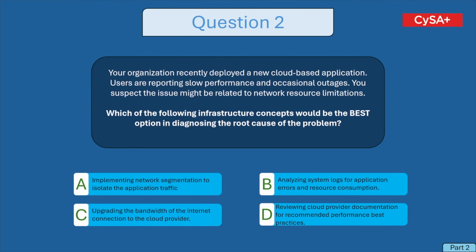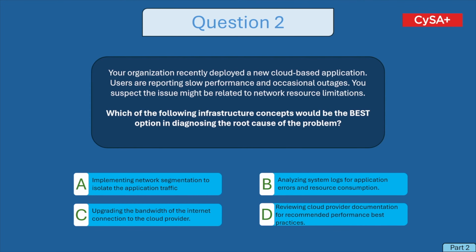Alright, so slow performance and occasional outages, and you suspect the issue might be related to network resource limitations. Okay, that's important. So far out of all these options, the one that stands out and to me sounds like the best option so far would be B. But let's take a look here. It wouldn't be A. Network segmentation could potentially help with resource limitations, but it wouldn't help diagnose the root of the problem.